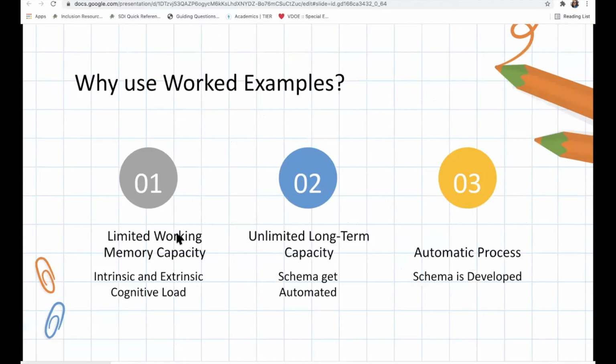Now, why do we use worked examples? Well, we have a limited working memory, and I know you've heard me talk about this already. That limited working memory can only hold so much. If I provide them with worked examples, I'm taking that limited working memory capacity out of the equation.